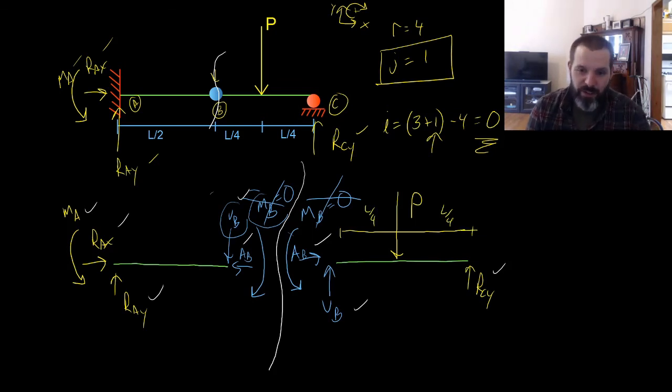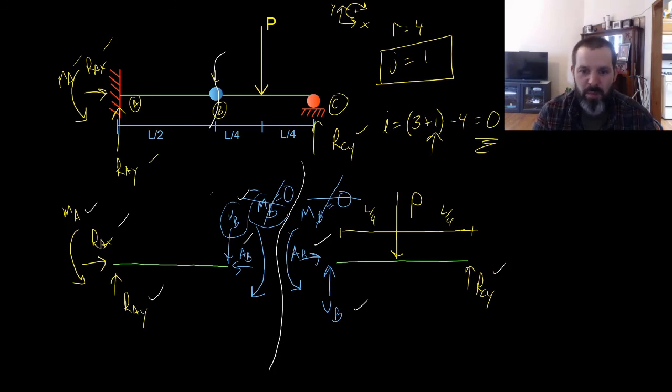Now, if you're very astute, you'll realize that when I make this section cut, I have a vertical force V sub B, a vertical force RC, and a horizontal force A sub B. The A sub B and the V sub B combined behave the same way as a pin support, and RC is a roller support, and there's a load in the middle.